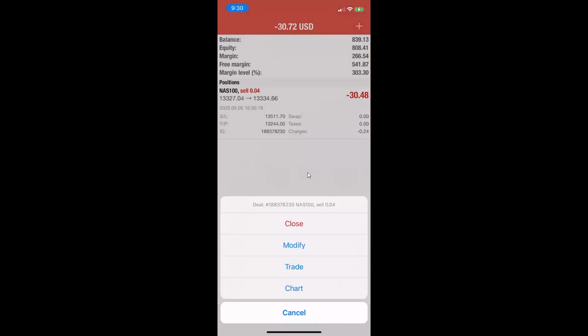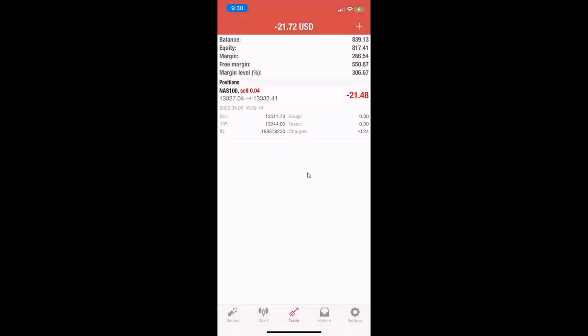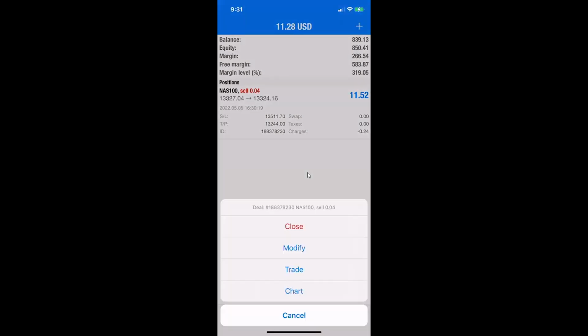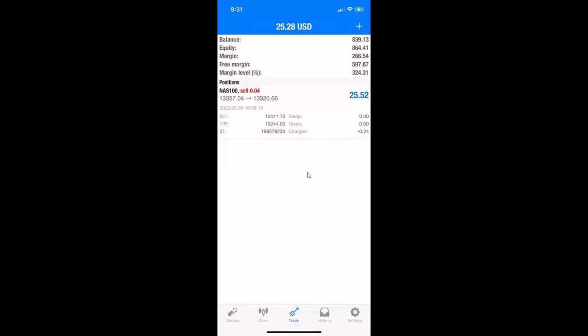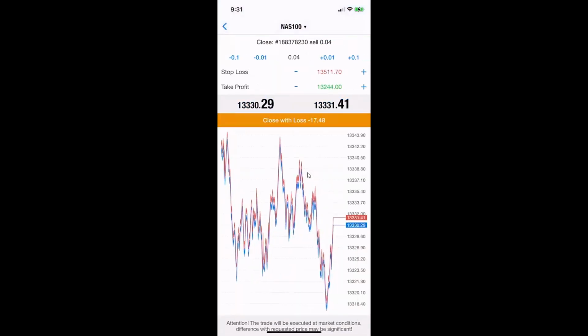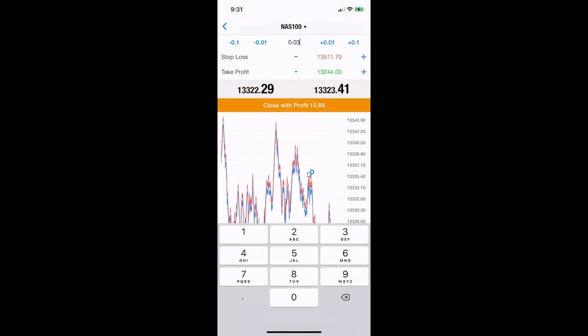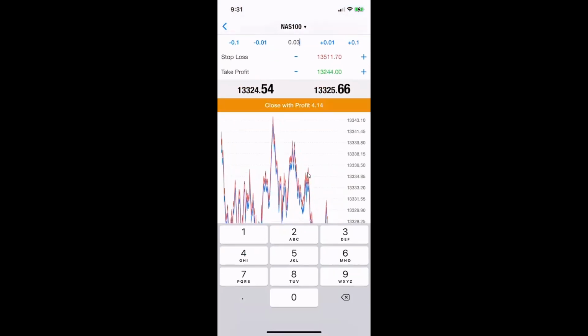Let's see what happens, folks. Price was already dripping down before the bell rang, but we'll see where we're at. See what happens.